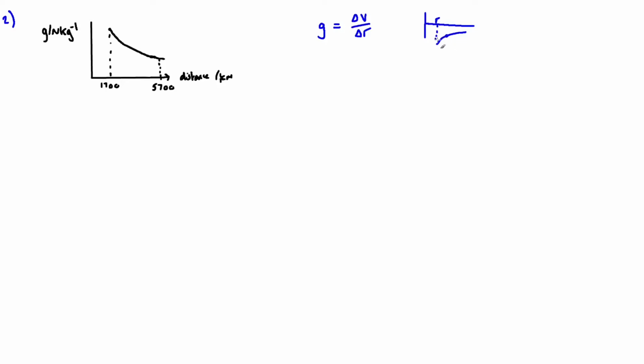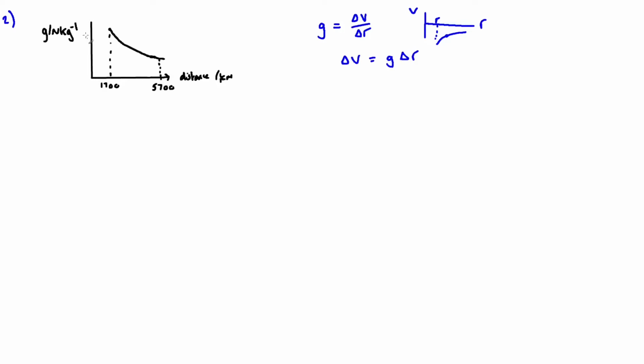The gradient at any point of that graph will give us the gravitational field strength. On the other hand, of course, change of gravitational potential is g delta r: gravitational field strength multiplied by change in distance.